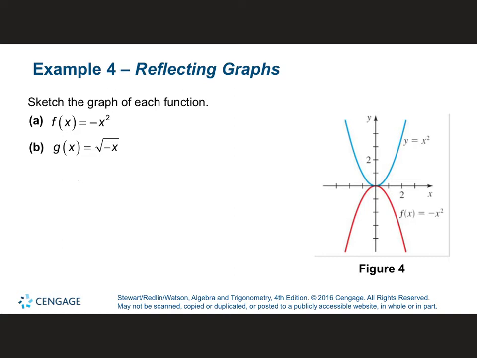So this is a reflection across the x-axis. For example B, we have g of x is equal to the square root of negative x. That negative is underneath the radical. It would be treated as if it's inside the parentheses as well. So this one is a reflection across the y-axis.